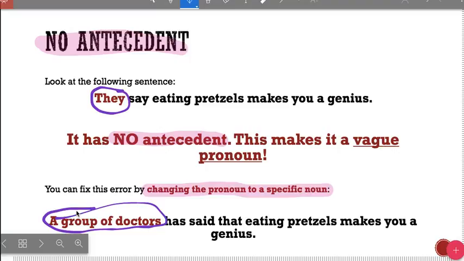Now we're not using a pronoun at all, but that's okay because we didn't make a vague pronoun error like we did here. Again, the word they has no antecedent. We can't tell who or what they're talking about, and that makes it vague. So we have to fix it by changing the pronoun to a specific noun. That's one good way to fix that error.